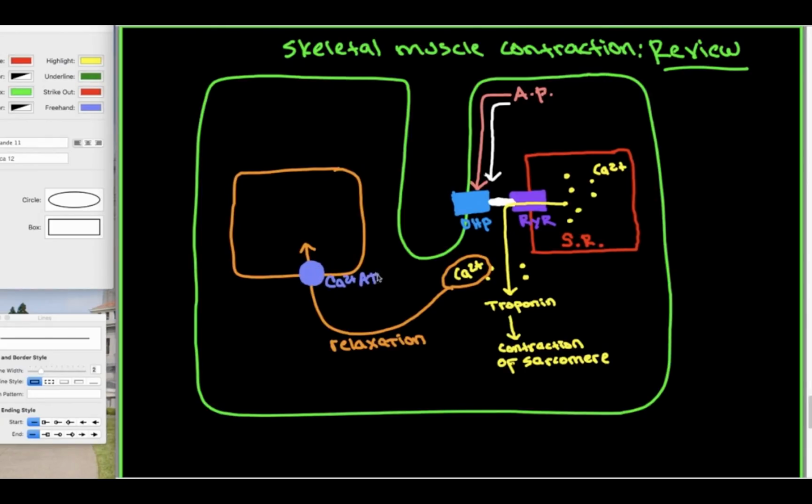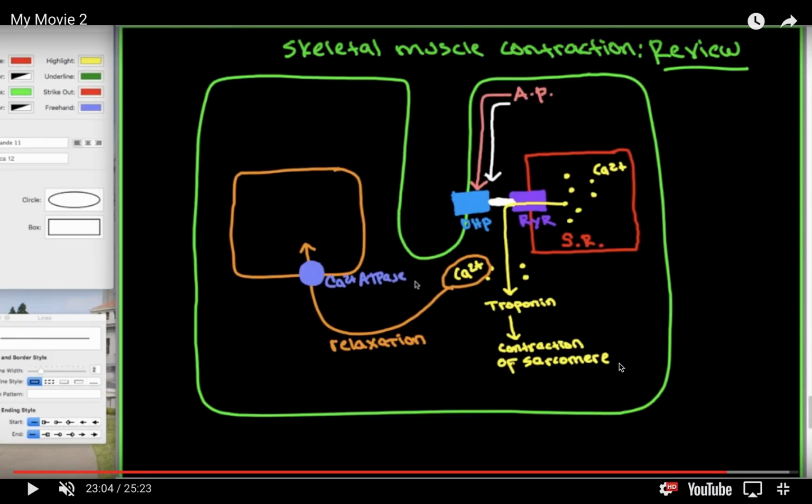That's going to pump calcium from low to high back into the SR to get us to relax. So this is the general scheme that we saw for skeletal muscle. Generate contraction by releasing calcium from the SR, generate relaxation by pumping it back in. So once these action potentials stop, calcium ATPase is going to do its thing and generate relaxation.